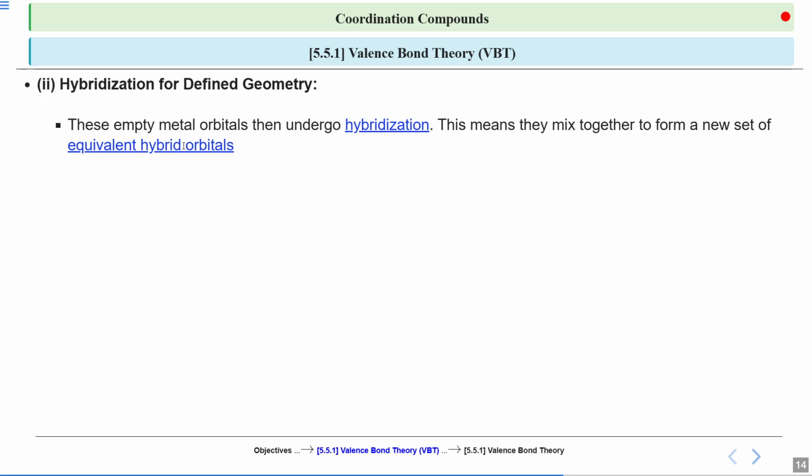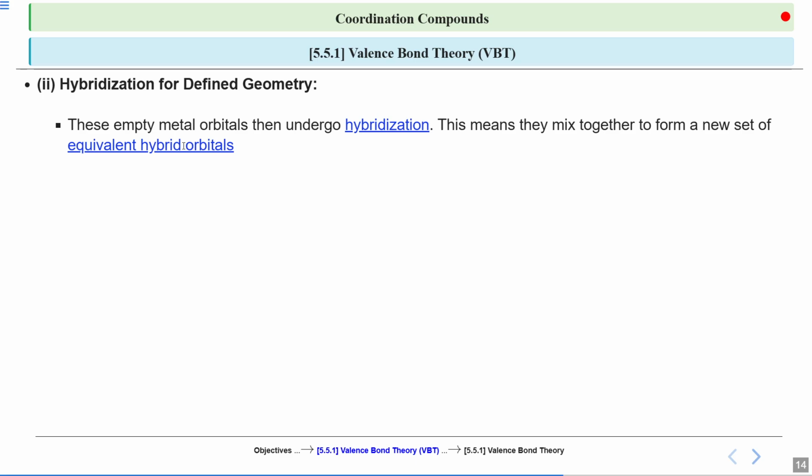So what we are saying here is that hybridization is going to happen between those empty metal orbitals. What does that mean? That they are going to mix together to form a new set of equivalent hybrid orbitals whose energy is going to be equivalent to each other.